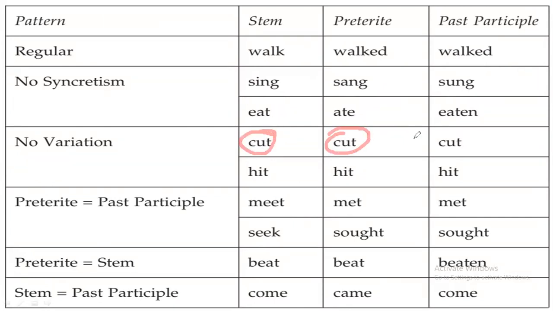See, no variation here, right? And in this case, past form and past participle are both the same. So these are inflections in verb form. Examples only.